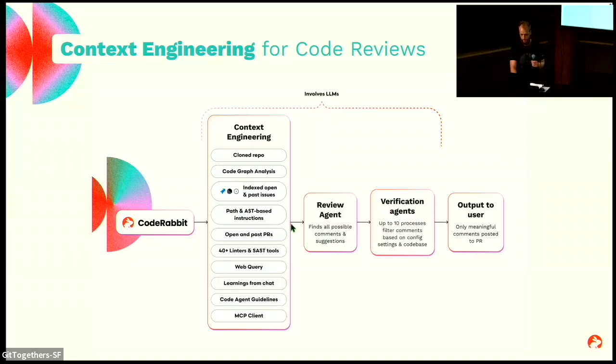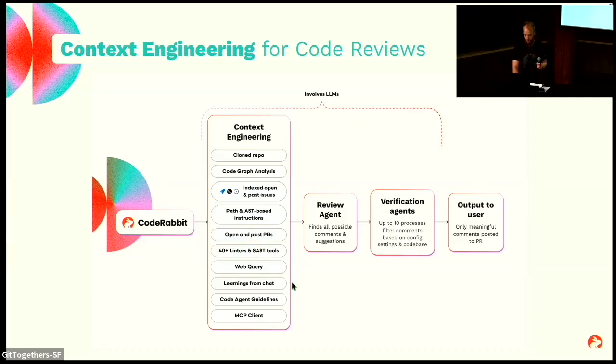Open and past PRs. This is a bit of what I was saying with the code graph, but yes, we reference past commits and past PRs. We run 40 plus linters on every PR, which is how we're able to catch a lot of security issues. We can also do web searches as part of this.